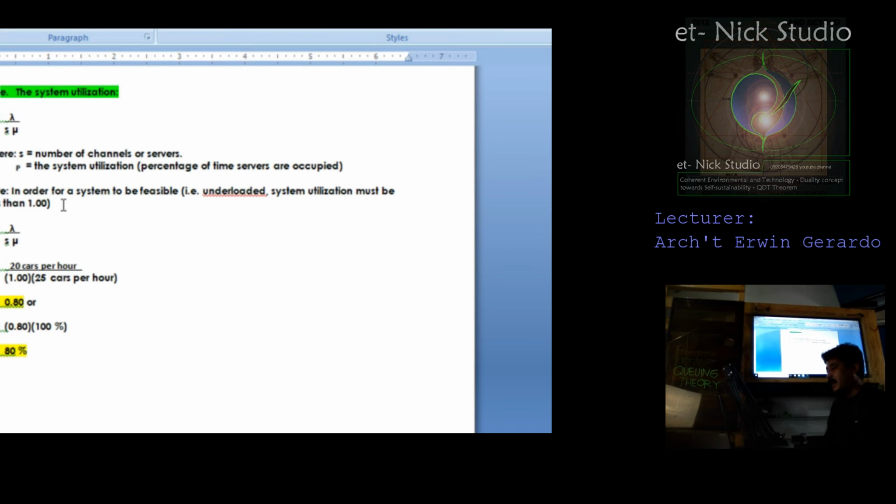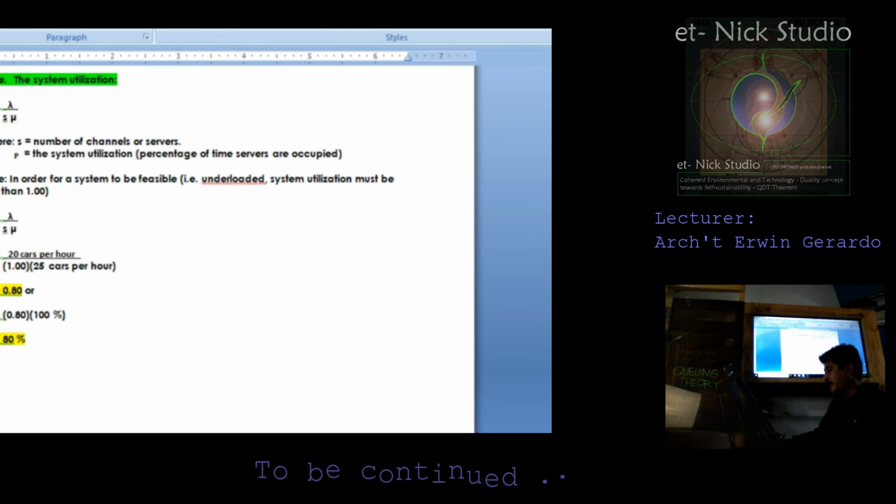So the system utilization is 80%, meaning we have a high efficiency rating in terms of service. This is the ratio to determine the capability of the car wash business. It is actually 80%, which is an excellent work. So this ends our presentation.